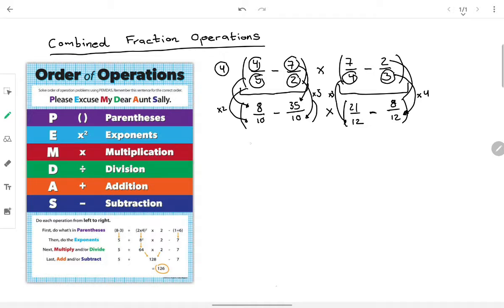So we can copy this one. 8 over 10 minus 35 over 10, this multiplied by 21 over 12 minus 8 over 12. Then we can do the operations.